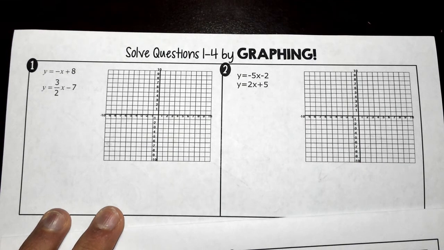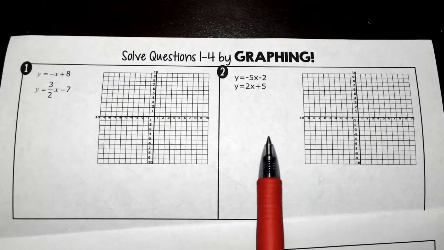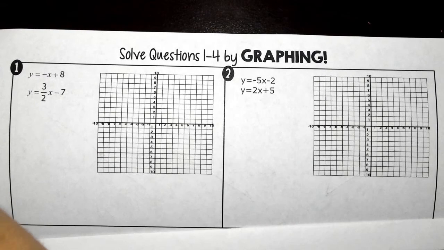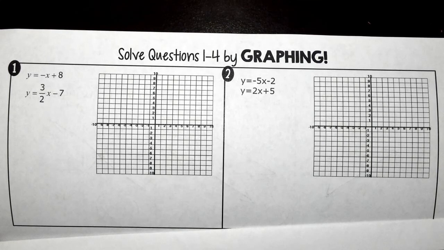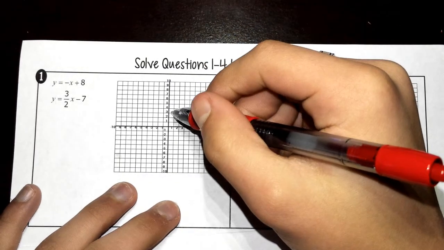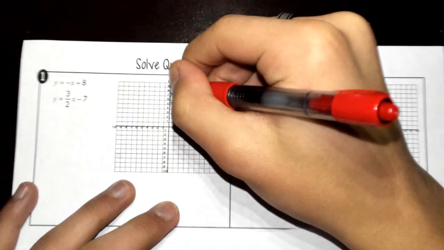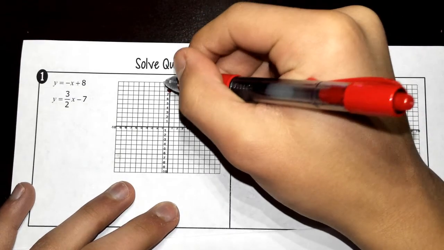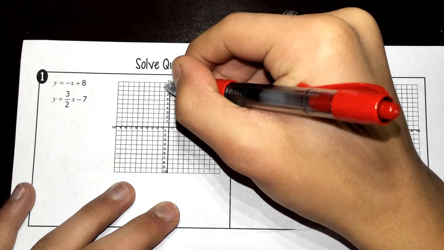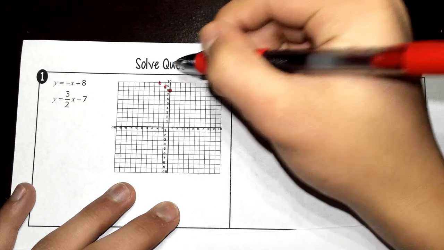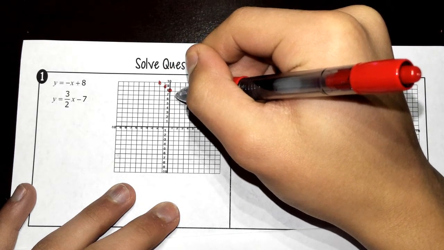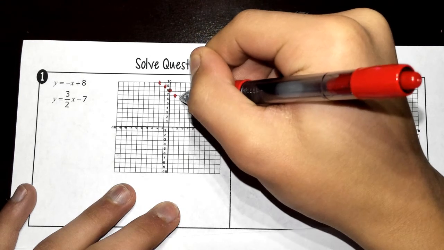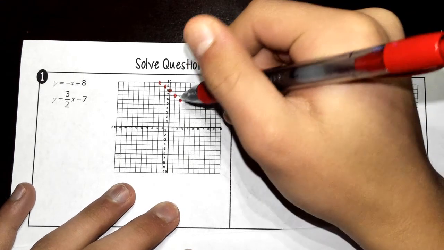So we got this, so if we plot this, we go up 8, then -1 over 1, -1 over 1, and so on.